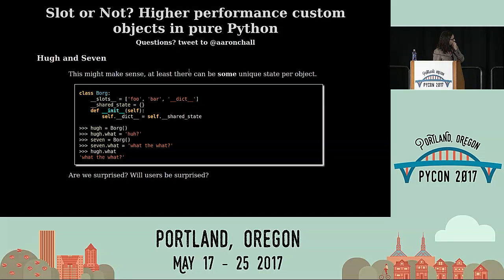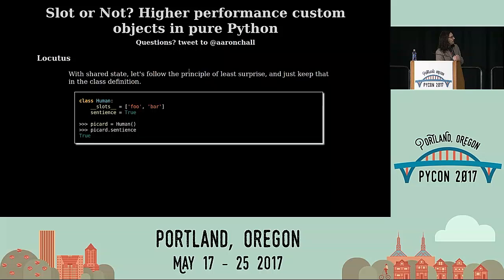And will users be surprised? I think this violates the principle of least surprise, right? Am I right? I think I am. So with shared state, I would suggest we follow the principle of least surprise and just keep that in the class definition.